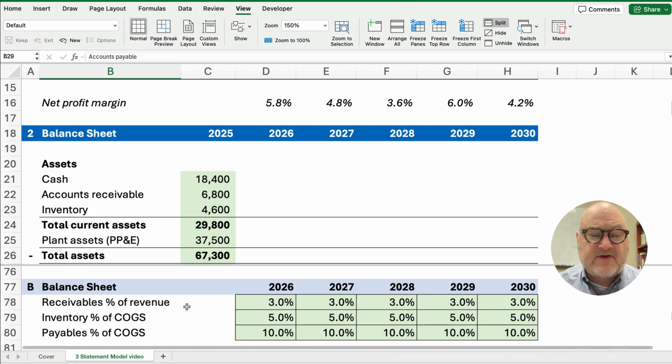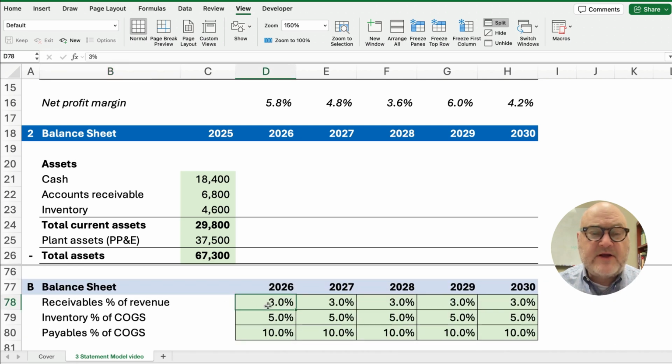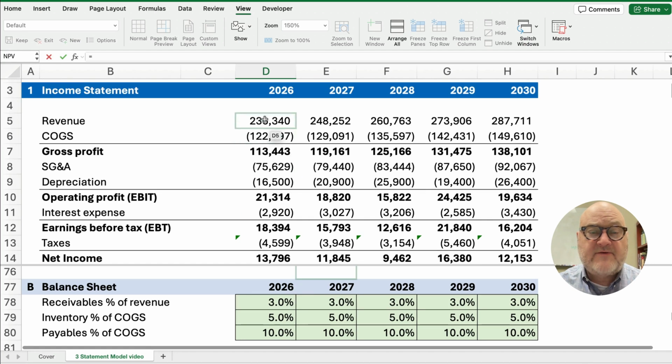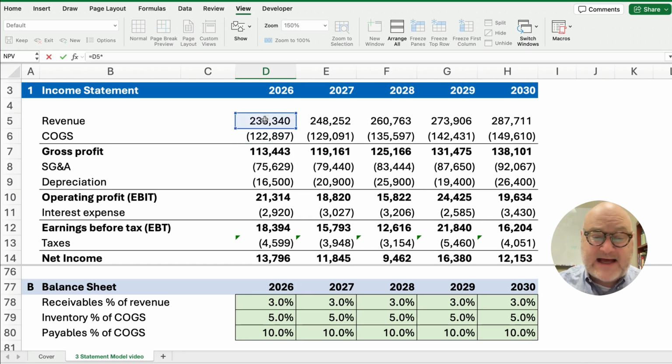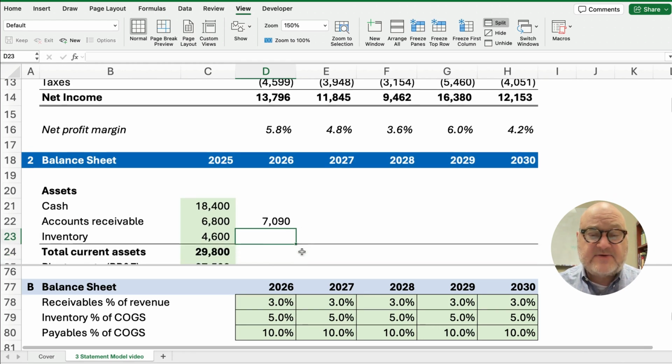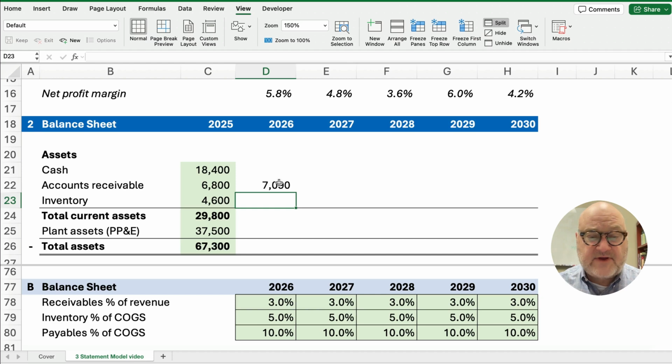We're assuming that receivables are going to be 3% of revenue. Now, do we know revenue? Yes, we do. So I'm going to take my total revenue at the very top, times 3%. That number could be higher, it could be lower, we're just starting with an estimate. You're going to have to tweak and find the numbers that work for you. Or go back and look at your last year's financials, the last several years, and you'll see how that works.